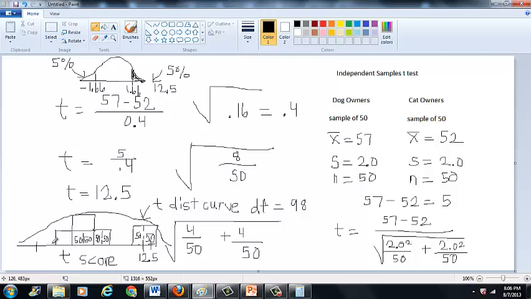So actually, 1.98 would be the point that has 2.5% above it. So 1.98 is up here somewhere, and negative 1.98 is down here somewhere. Those are our two-tailed critical values, 1.98 and negative 1.98.